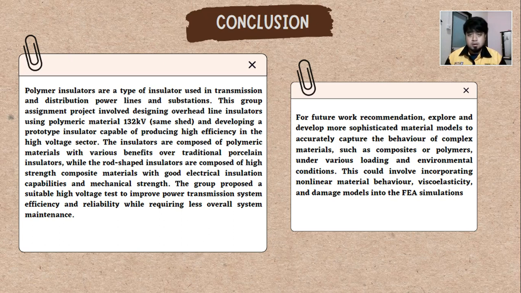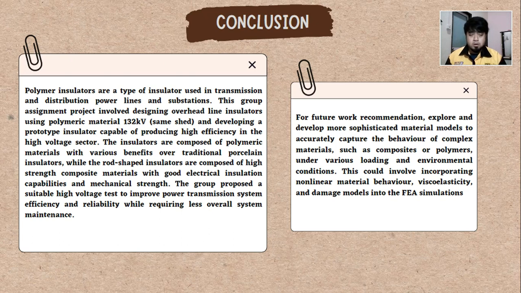The insulators are composed of polymeric material with various benefits over traditional porcelain insulators, while the rod-shaped insulators are composed of high-strength composite materials with good electrical insulation capabilities and mechanical strength.